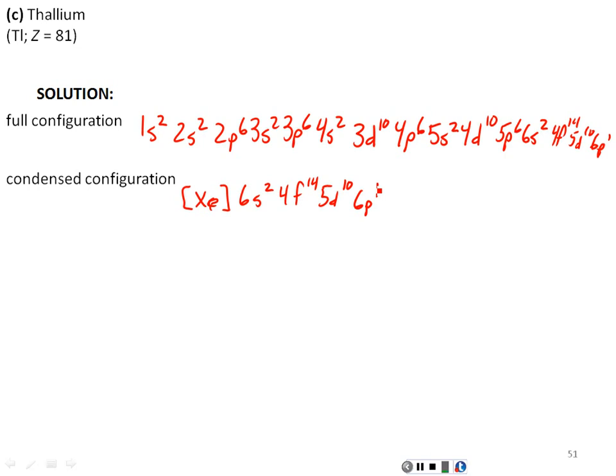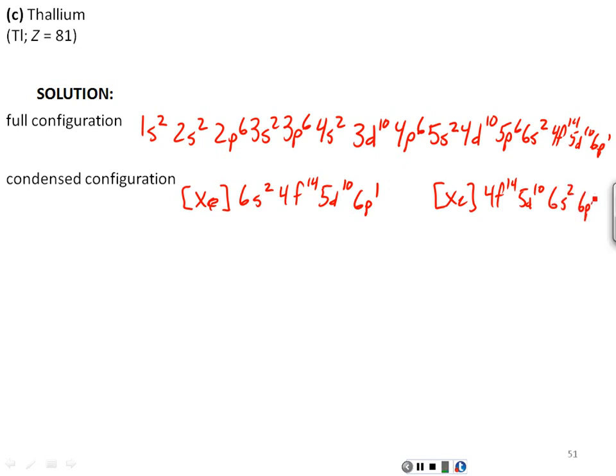Your book sort of tells you to move the transition orbitals, the f orbitals and the d orbitals. When they're filled, you can move them in. So you could write that as xenon 4f14, 5d10, 6s2, 6p1.